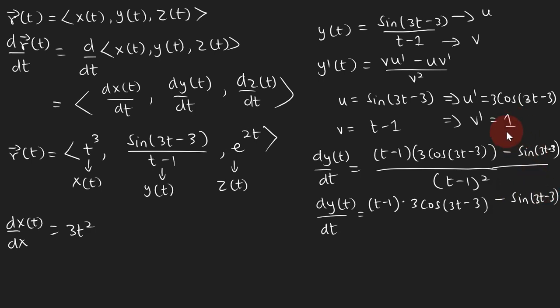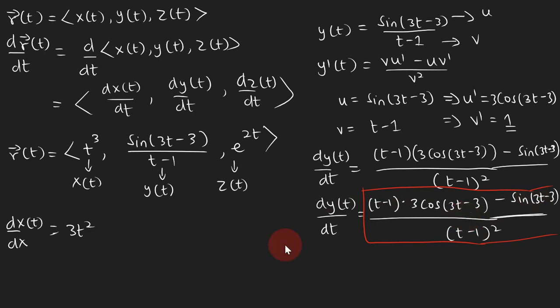And then it's just 1 here, so you just leave it that way. Divide by t minus 1 squared. So that will be the derivative for the second component function. So now let's consider the third component function. But before then, let me draw some rectangle around this so that you can see them.